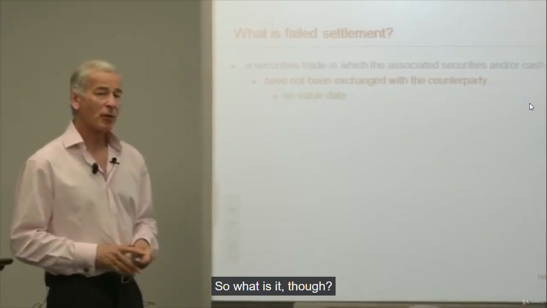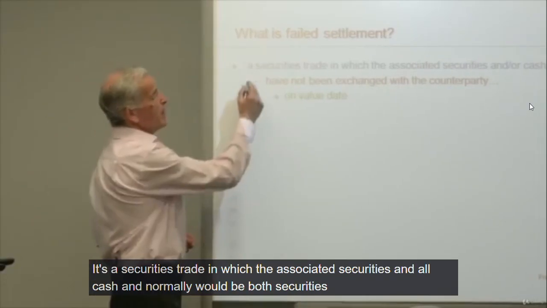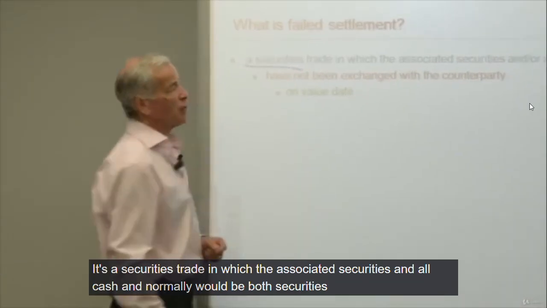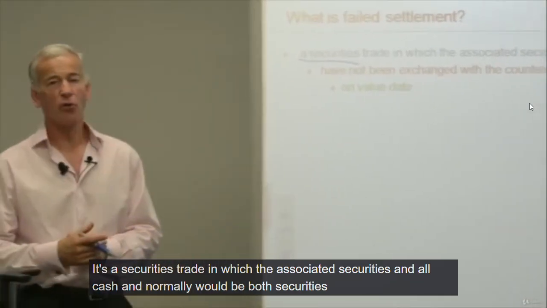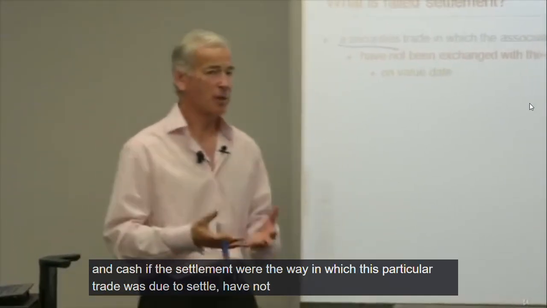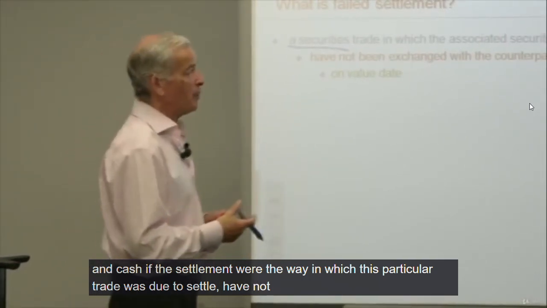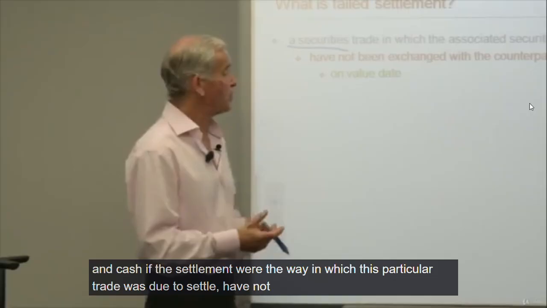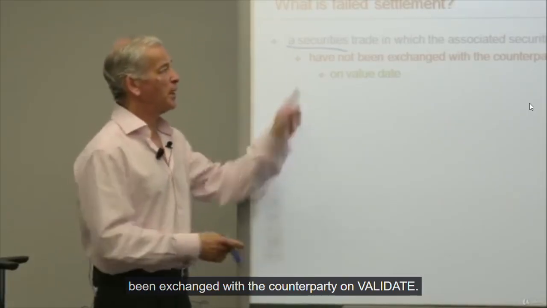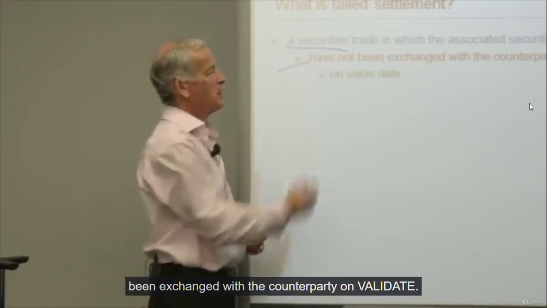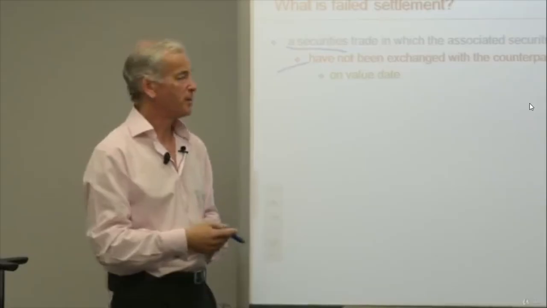So what is it though? It's a securities trade in which the associated securities and or cash, and normally it would be both securities and cash if DVP settlement were the way in which this particular trade was due to settle, have not been exchanged with the counterparty on value date.